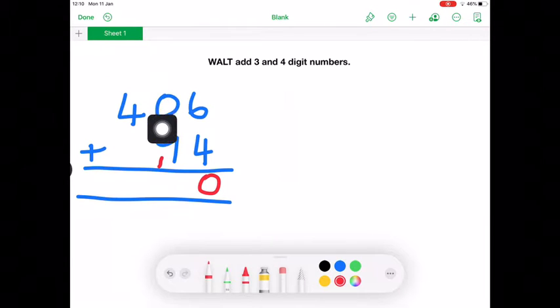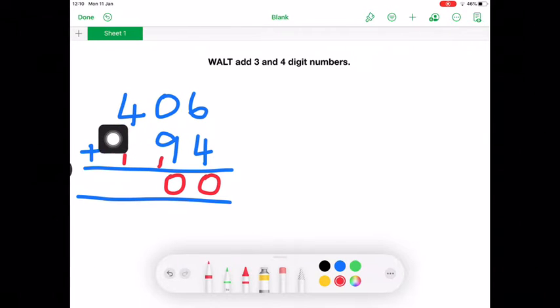And then we move into our tens column and we add 0 plus 9 plus our 1, and that also makes 10. So we will write down our 0 here and we will put our 100 over in our hundreds house. Next we go and add our hundreds. 4 plus 1 is 500.